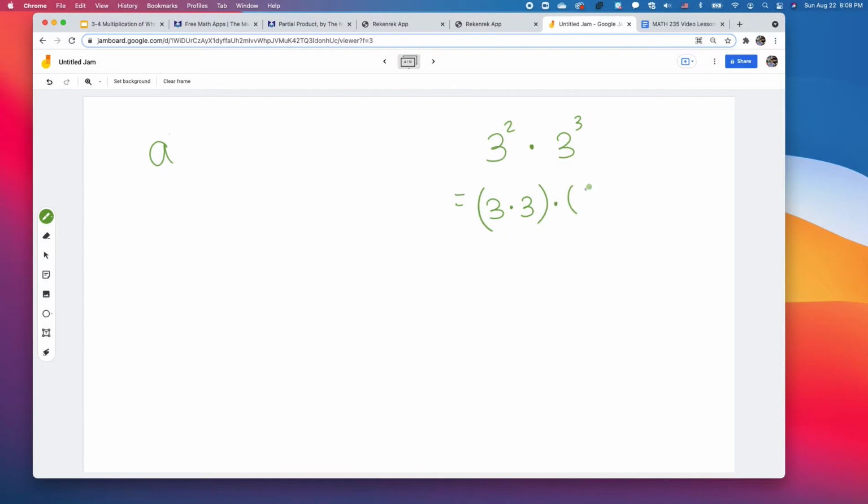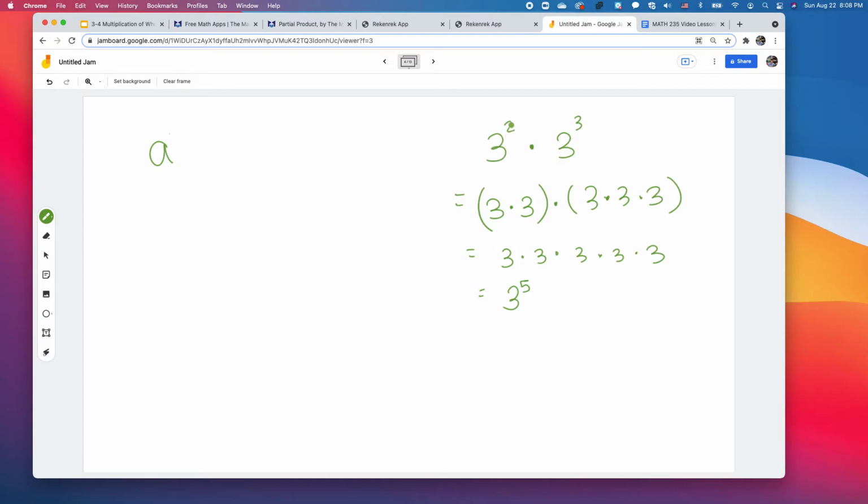And 3 cubed is 3 times 3 times 3, right? So we can see that in multiplication, it doesn't matter how you associate, right? So we can do 3 times 3 times 3 times 3 times 3. How many factors? 5. So 3 to the 5th power, right?